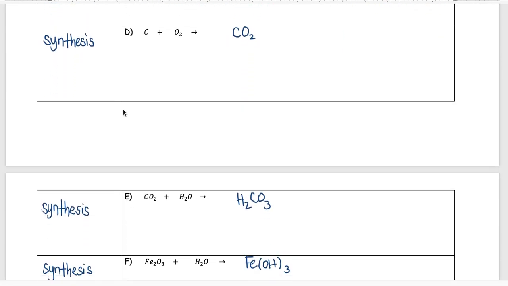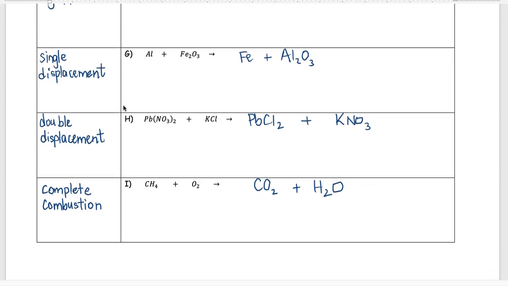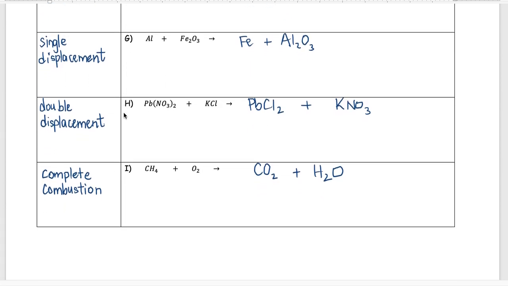Okay, we'll try another one here. Maybe we'll go with the H here. Okay, so we have a double displacement reaction, and polyatomics involved as well. So here we go. So we have lead, and I'm noticing that the nitrate polyatomic ion is in the reactant and it's also in the product.